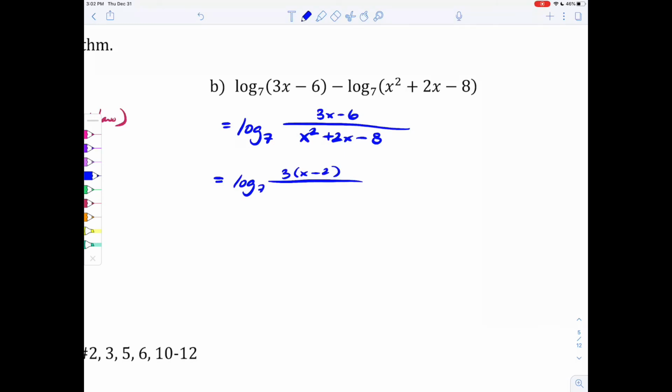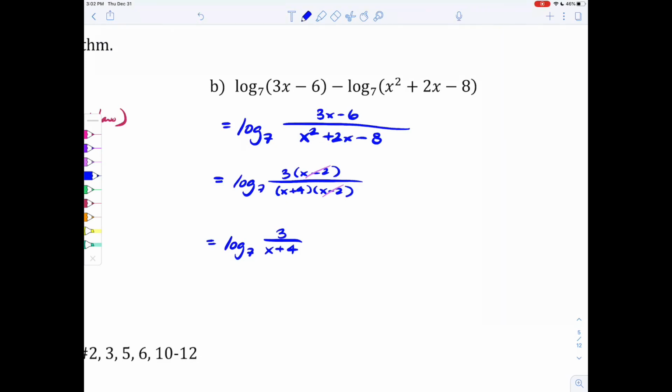And on the bottom, that. Which means that these x minus 2's can cancel out. And our end result is this.